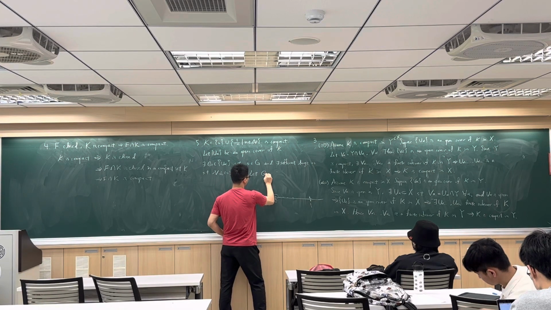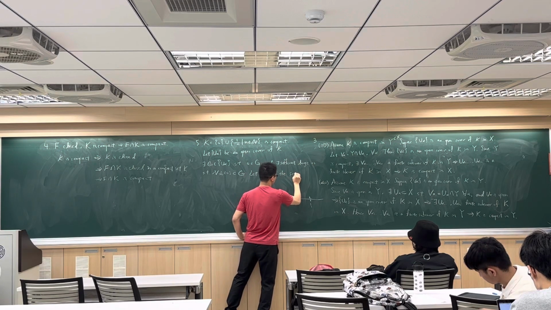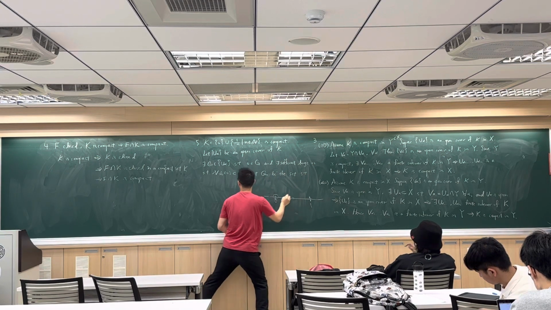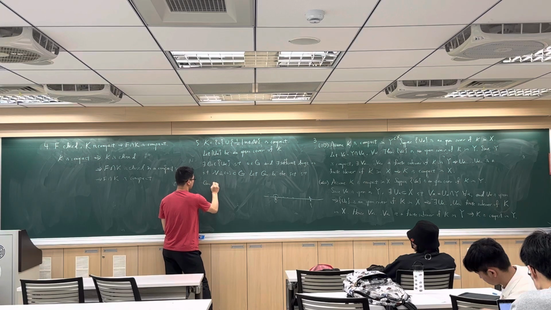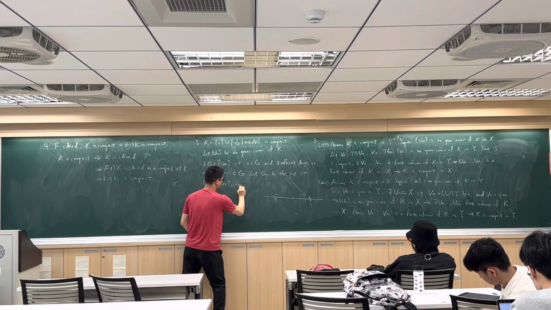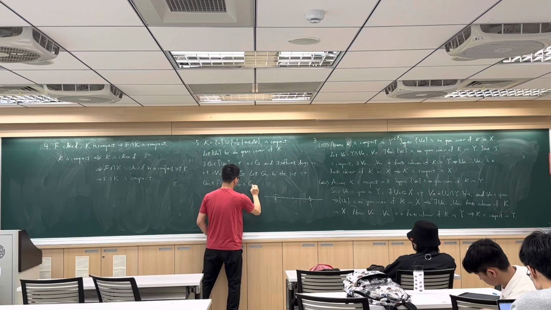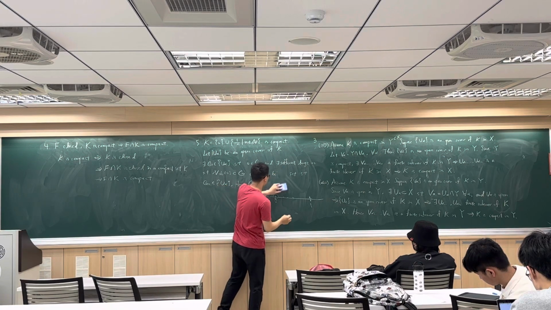G_n is the set contained in U_alpha such that 1/n is in G_n.